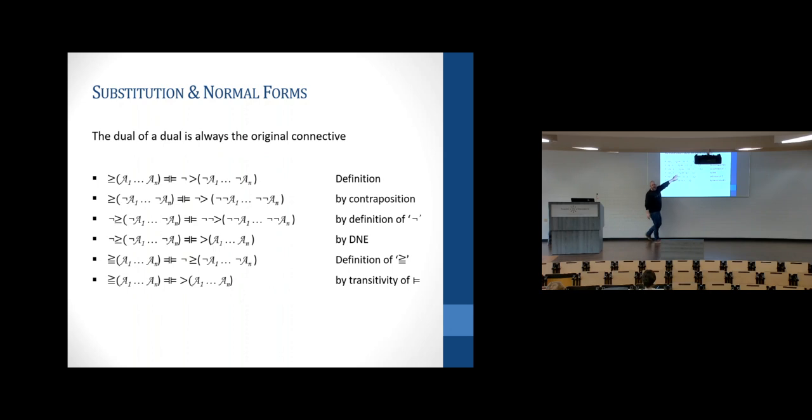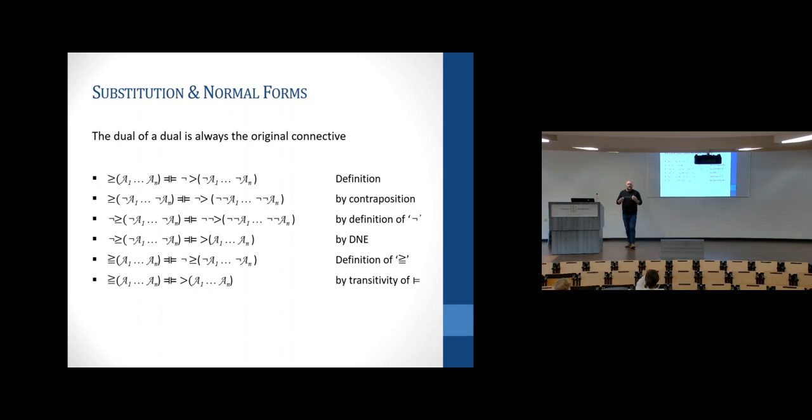Then by double negation elimination, we can go from, right, the negations placed over here to no negations over here whatsoever. Then we can introduce our dualed dual, right? Note it's got the two lines underneath it now instead of just the one. And of course, that's going to be defined as what we have right there. So then by transitivity of equivalence, we're going to get the dual of a dual is the original operator we started with.